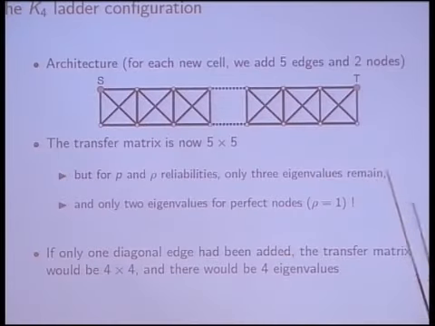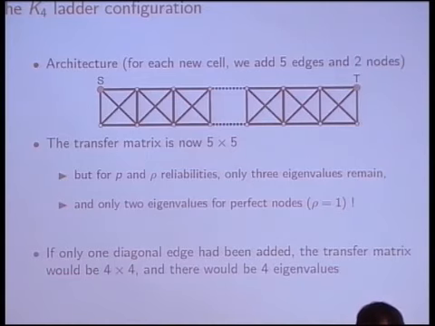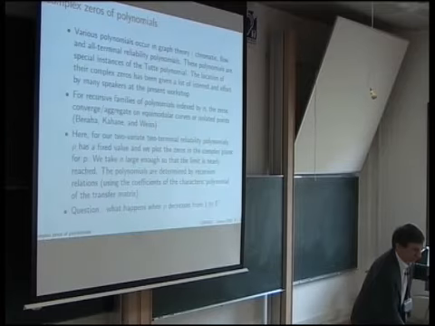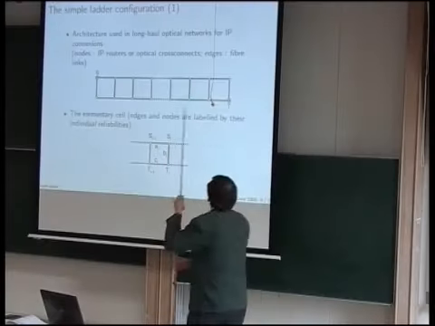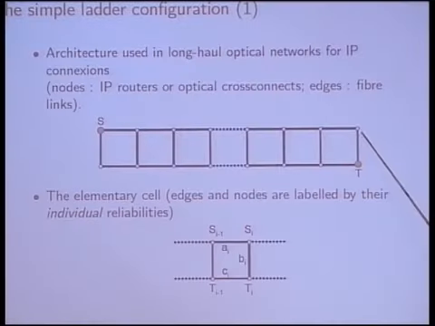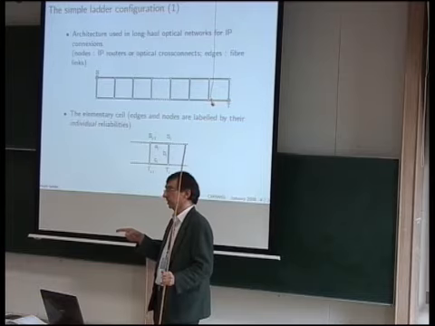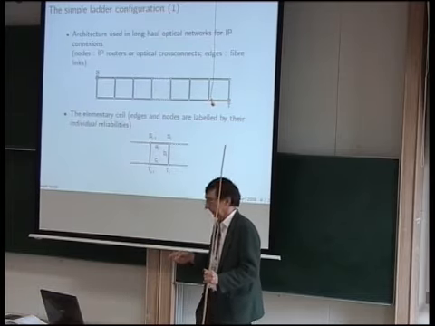Can I ask you a question about the previous one? Sure. You had S and T at opposite ends in different columns, or you could have it in the same column. Are the results the same? No, they are slightly different. I could have the destination here, and the difference is that the sign corresponding to one eigenvalue is plus 1 instead of minus 1. But the limiting curves will be the same, because the transfer matrix is the same.